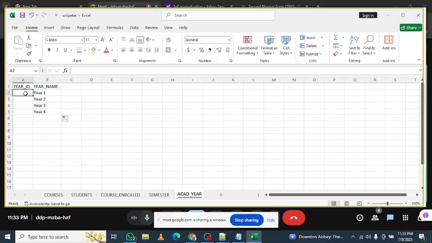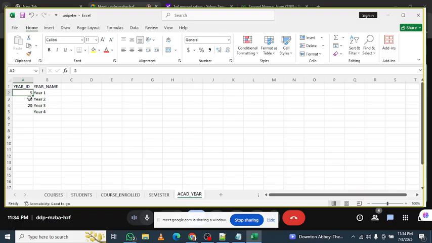For the year ID, I can say we should use 1000, 2000. I can say intervals of five, and so on. Okay, better still. Let me just say, I'm going to change.